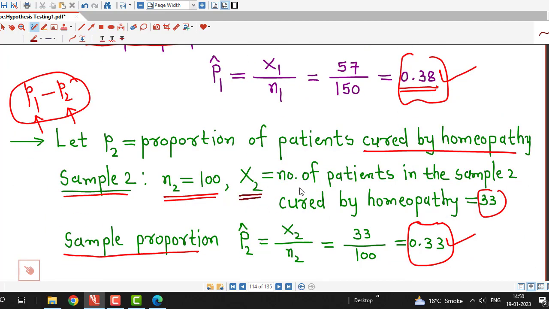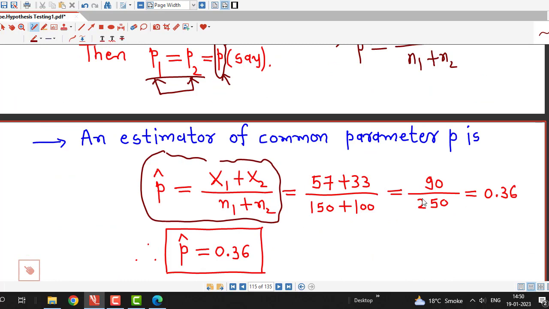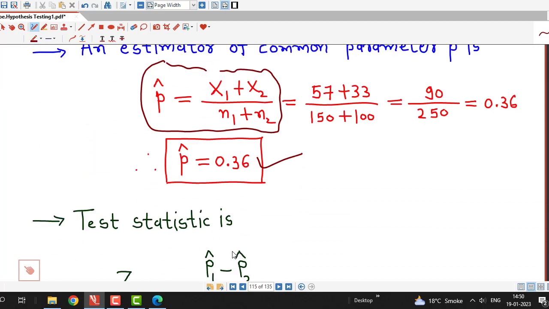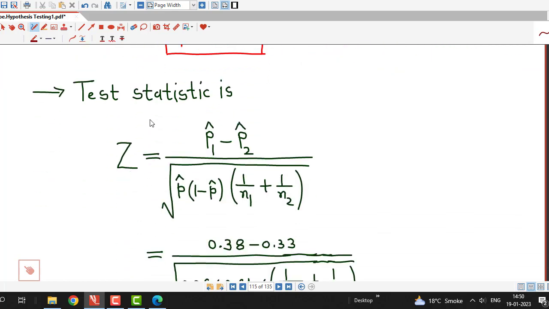Capital X2 is number of patients cured by homeopathy, which are 33 out of 100. So we substitute all those values here and we find that this estimator of common parameter is p hat equal to 0.36. So once we have all these values, we can calculate test statistic.